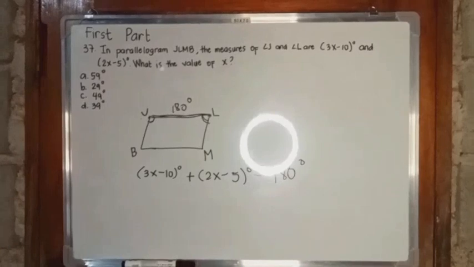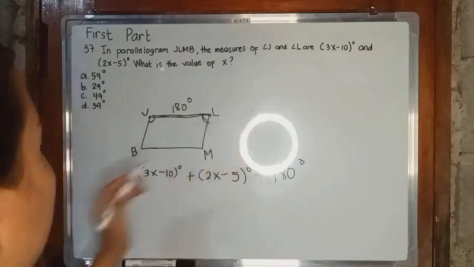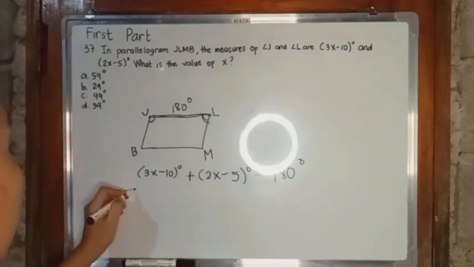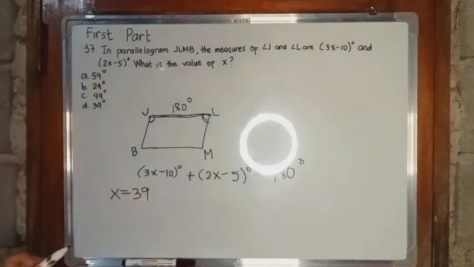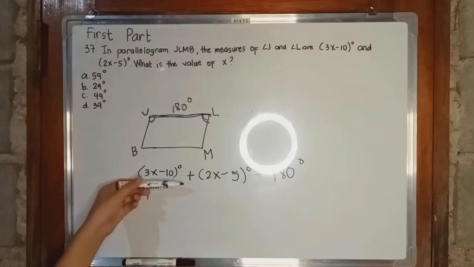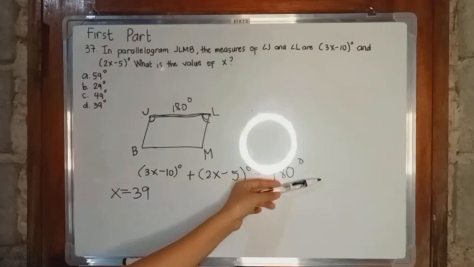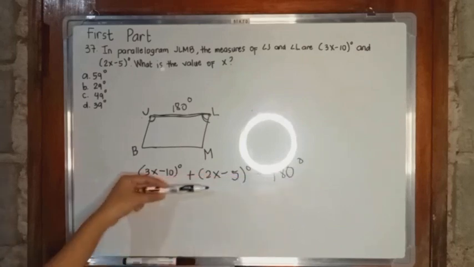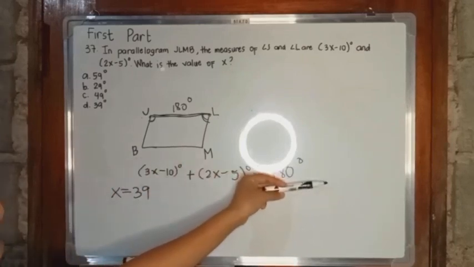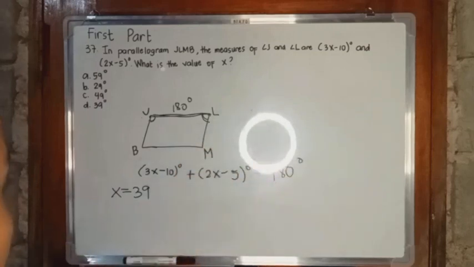To check if x is equal to 39 degrees, we have to substitute this value to the original equation, to see if this value is really equal to 180 degrees. If this is equal to 180 degrees, therefore our solution is correct.